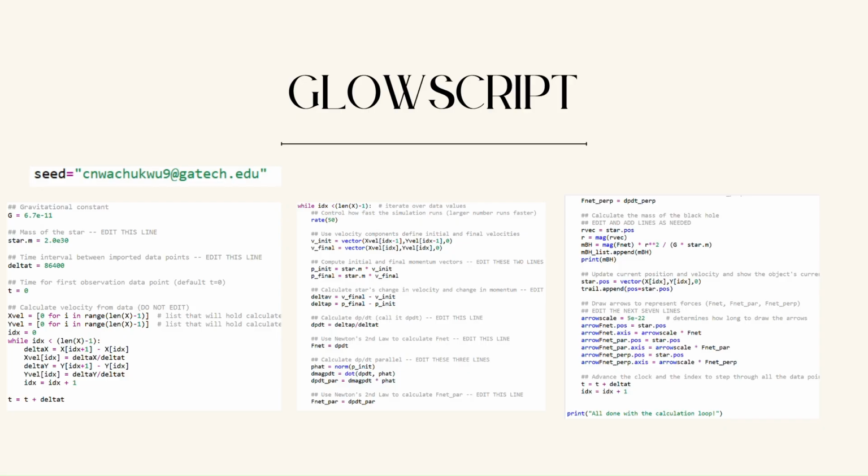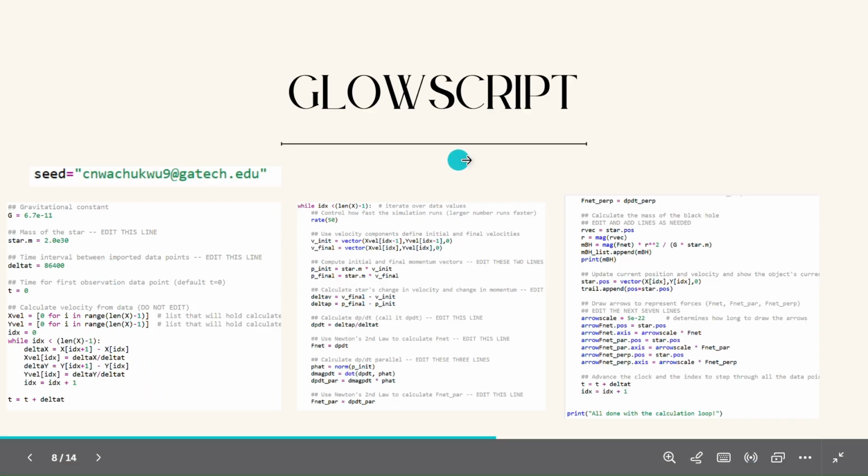Here is our part 1 GlowScript. I put in my seed as my GT ID, my GT email, because the results are randomized. Here is everything that was just given. I put in the star's mass. I put in the delta t myself. Everything else was given here.